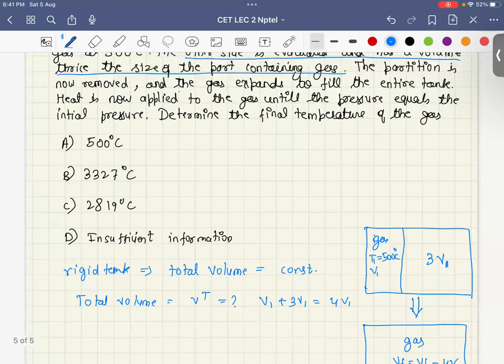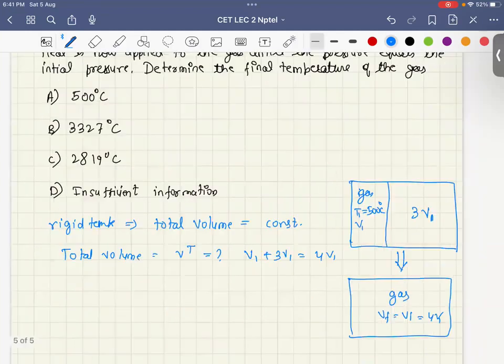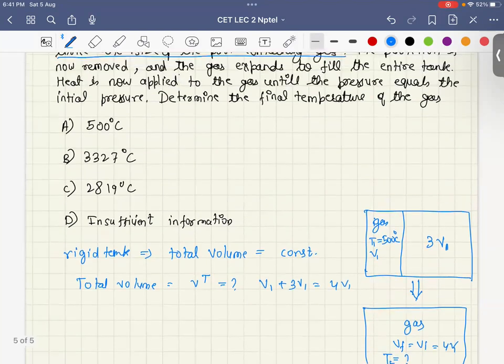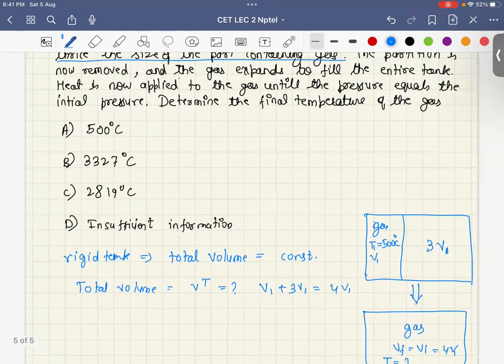And what we are asked to find is the temperature of this gas, let's say Tf. Though it is not mentioned in the question, it is always good to assume that it is an ideal gas. Assume ideal gas behavior.